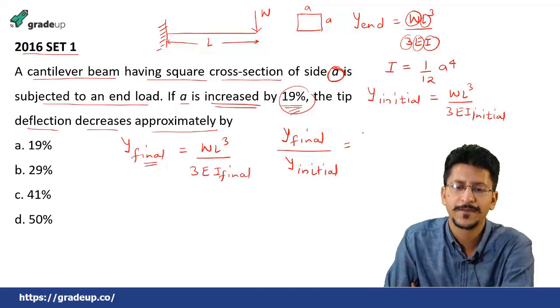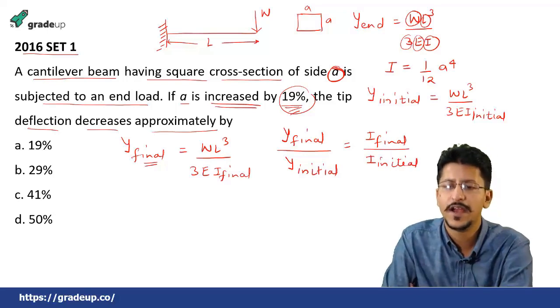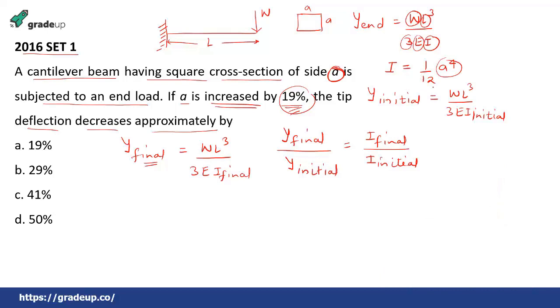So that will become, since it is an inverse relation, I initial upon I final. Sorry, this was an inverse relation I was talking about: Y and I are inversely related.